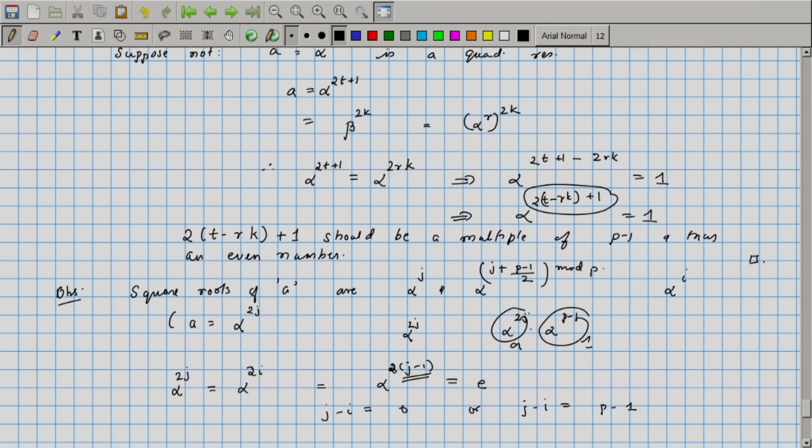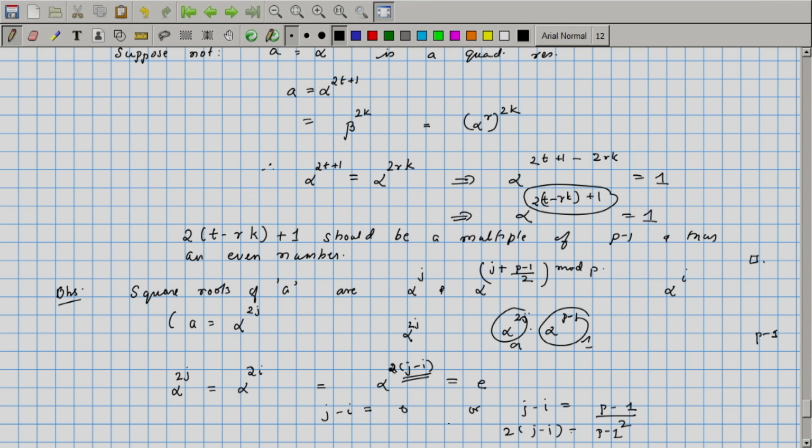Only if j minus i is (p minus 1) by 2, then 2 times (j minus i) will be equal to p minus 1. This cannot be any other multiple, because j minus i is at most as big as p minus 1, it is going to be definitely smaller than p minus 1, and therefore 2 times (j minus i) cannot be larger than p minus 1.